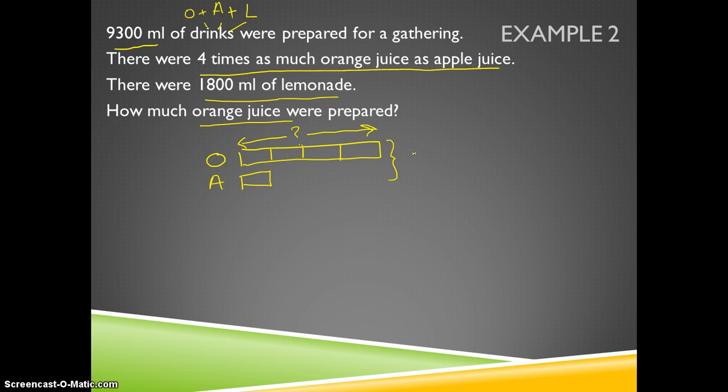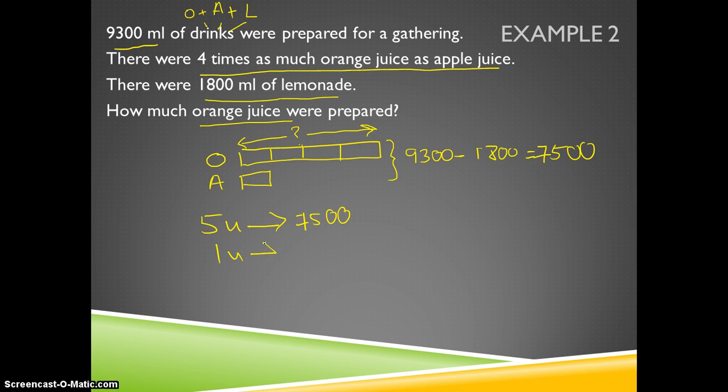So in my model here, this is not 9,300, but I need to subtract 1,800 because 1,800 is my lemonade. That will give me 7,500 ml. So 7,500 ml is for orange and apple. Only then can I use 5 units, because there's 1, 2, 3, 4, 5 units. So 5 units is 7,500.